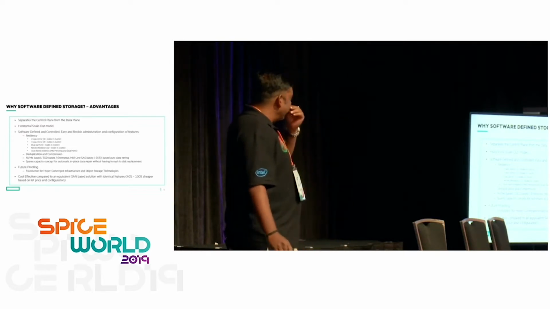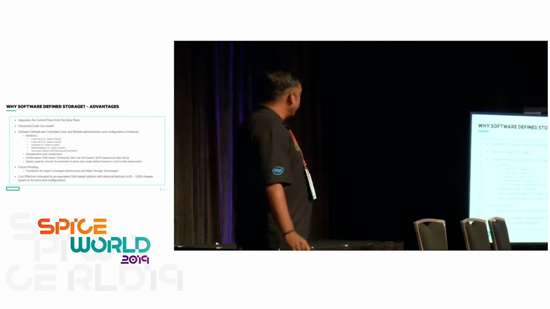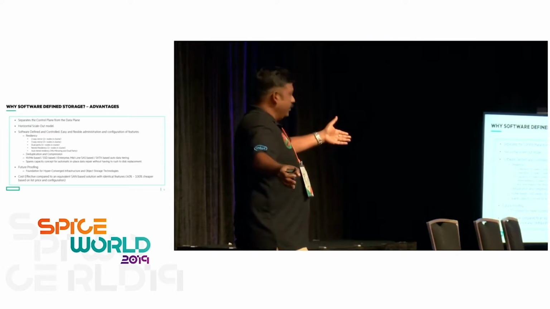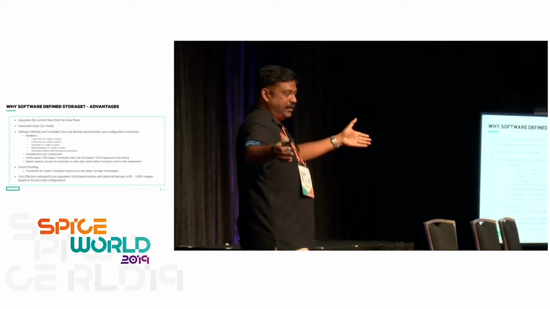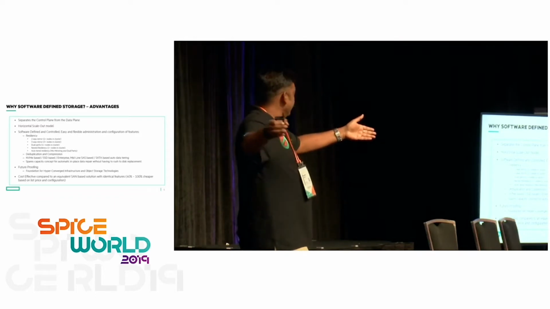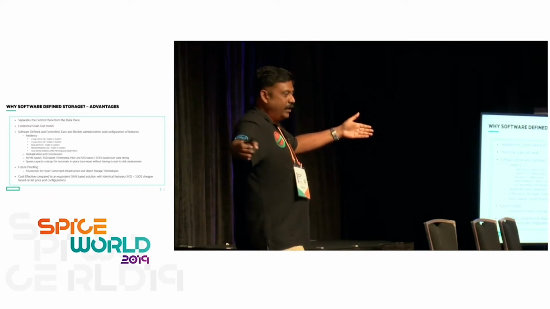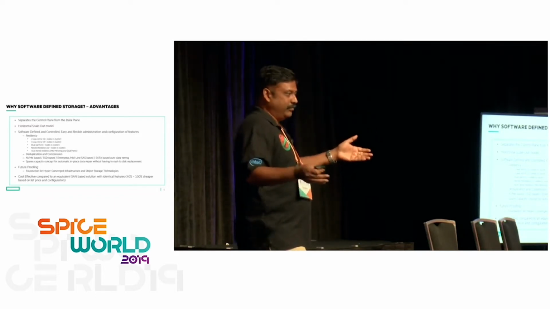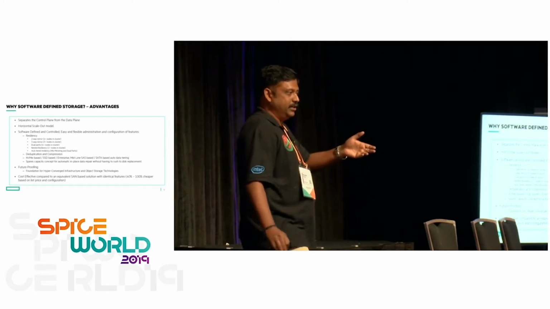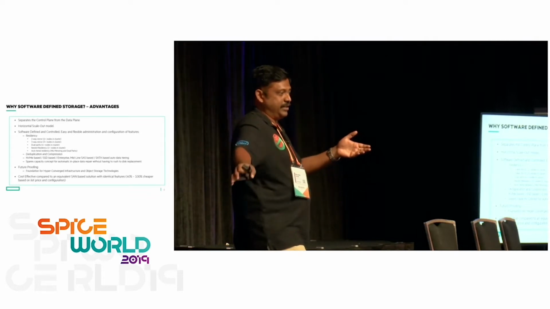Similarly, another interesting feature is automatic data tiering. If you have a server with a mix and match of different types of drives, let's say NVMe drives, SSD drives, SAS and SATA, Windows Server 2019 will automatically use NVMe for your read and write cache, and it will use the remaining drives for capacity.